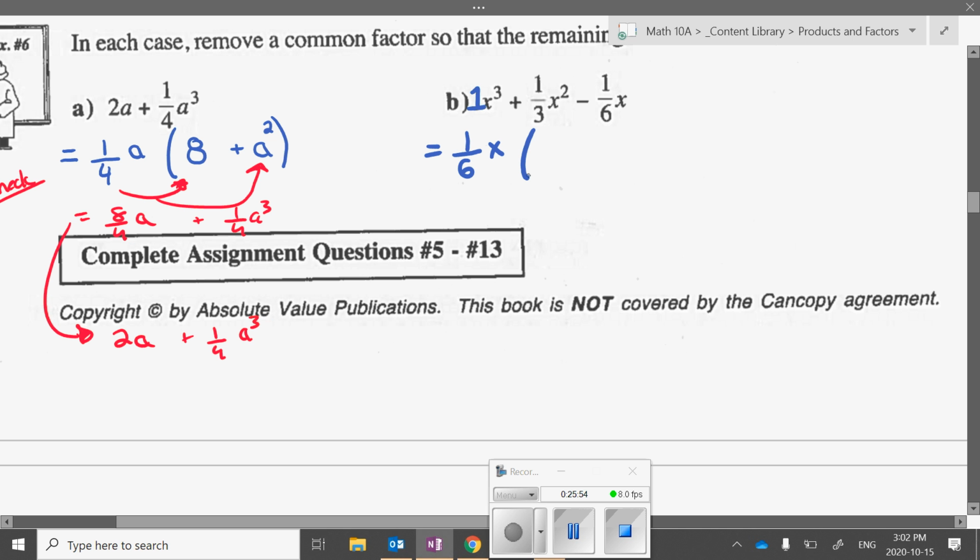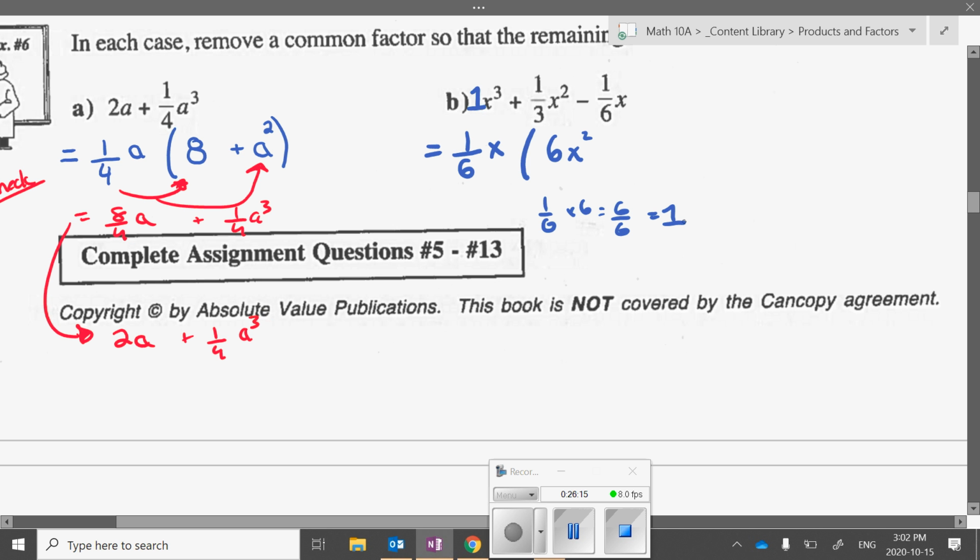On my first term, my x cubed, I factored out an x, so there's only x squared left. In order to return back to a whole, this has to become 6, because 1 over 6 times 6 gives me 6 over 6, which is equal to our 1.